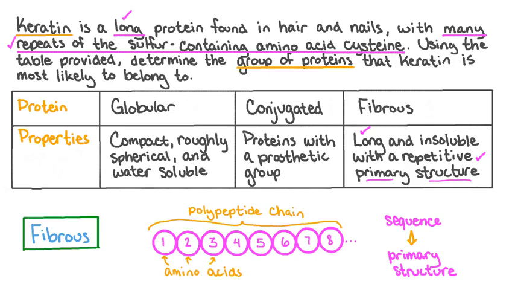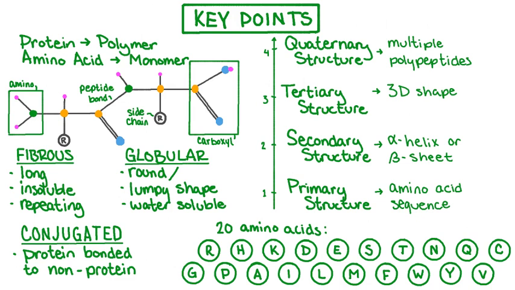Let's wrap up our lesson by taking a moment to review what we've learned. In this video, we learned that proteins are polymers made up of monomers called amino acids. We learned that an amino acid is a molecule with an amino group at one end and a carboxyl group at the other.